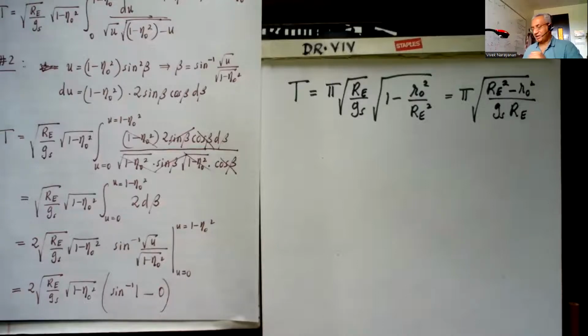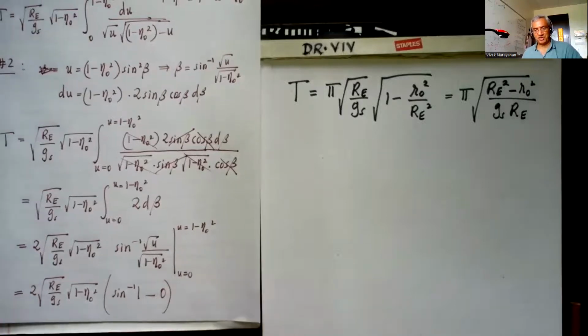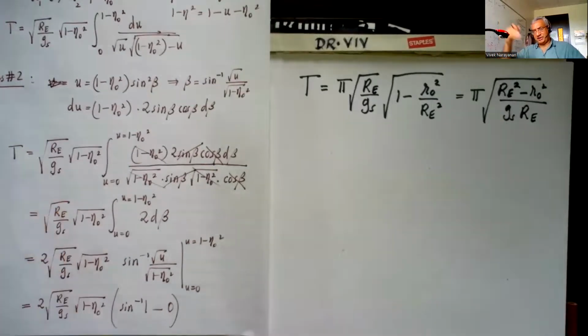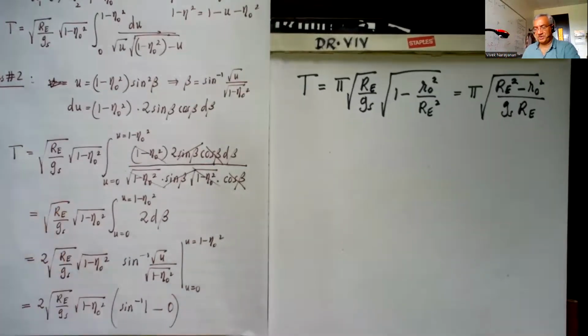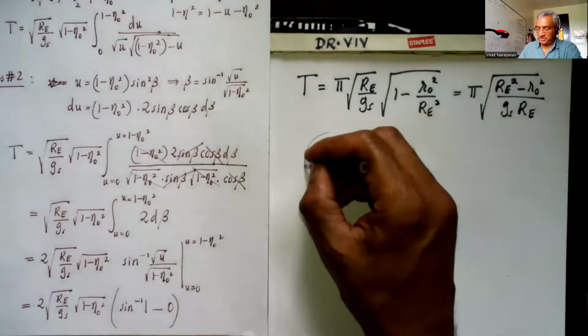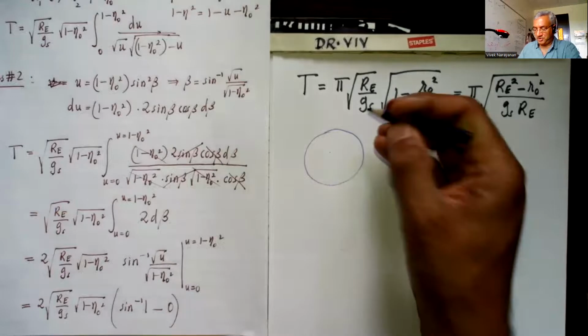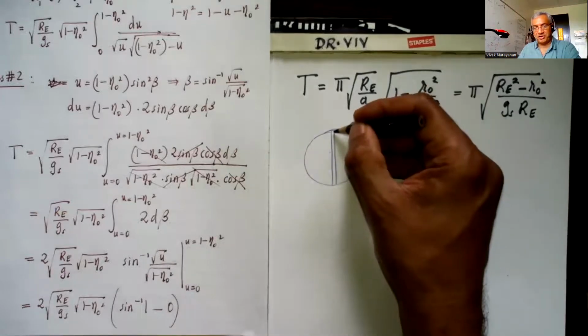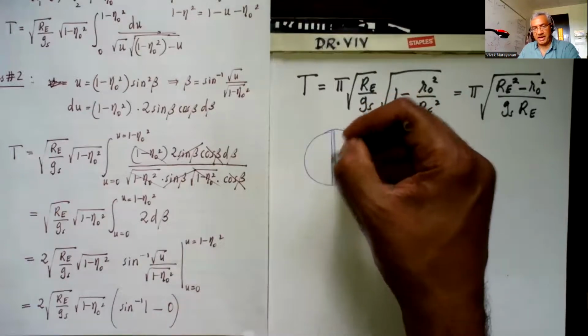Okay, now there's an important check that we have to do. You may have actually studied this problem in elementary classes. If you dig a tunnel directly through the Earth, to the Earth's center, and you drop a particle or drop yourself, then you're going to shuttle back and forth.